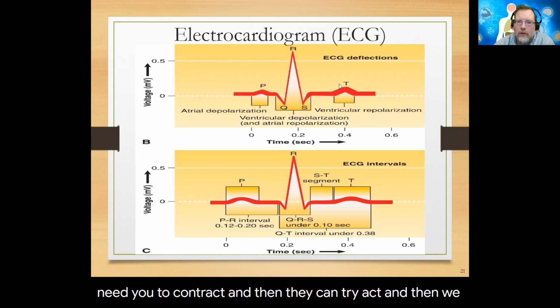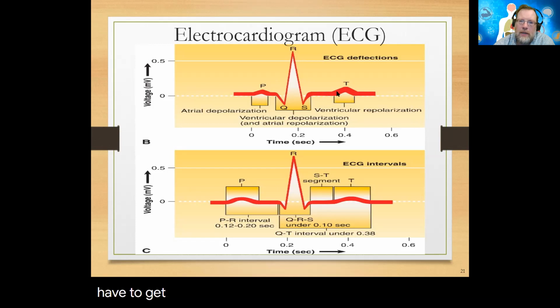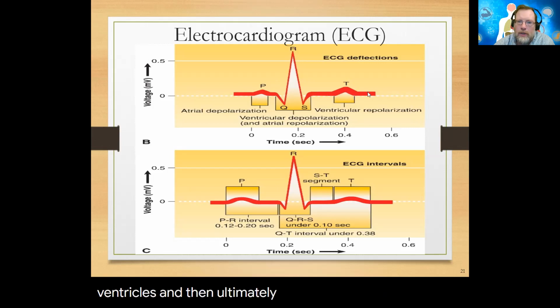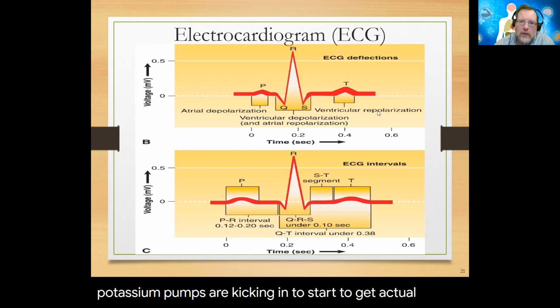And then we have to get everything reset, that repolarization of the ventricles. And then ultimately, in this area here is where the sodium potassium pumps are kicking in to start to get actual polarization. And then we repeat the cycle.